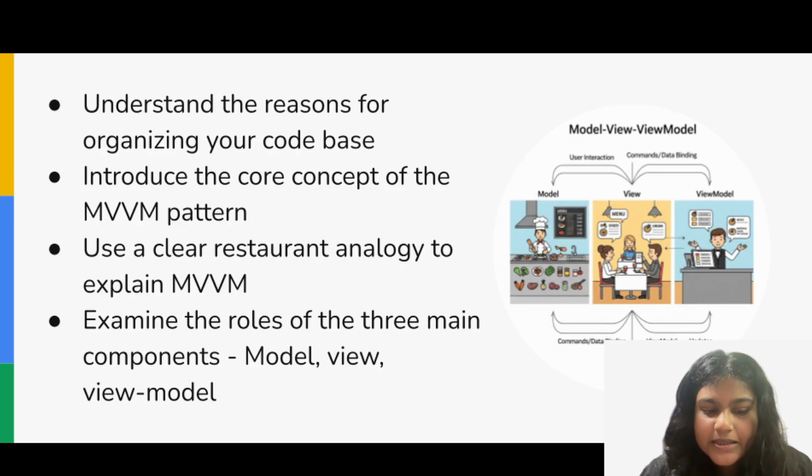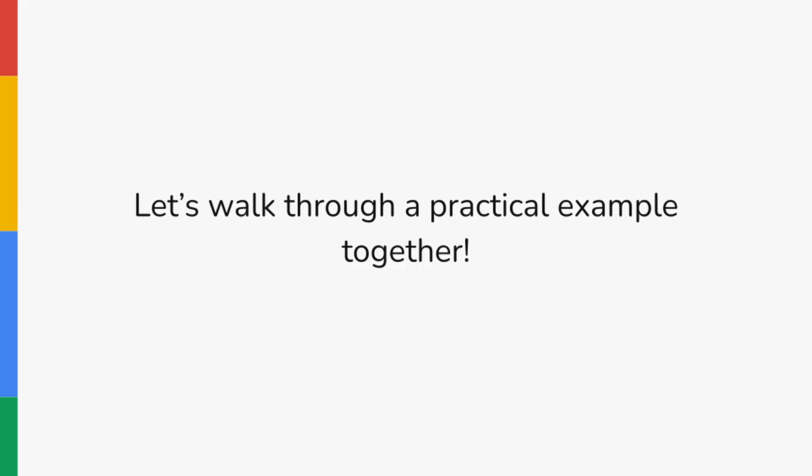We designated the model as the independent brain that handles the business logic and data validation. We designated the view as the thin layer strictly for showing visuals and user interactions. And we placed the view model in the center as an essential messenger, protecting the model and the view and managing state through data binding. Now let's discuss a practical example together in Android Studio.